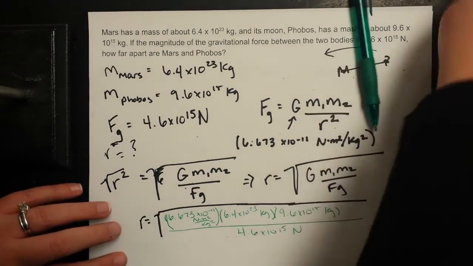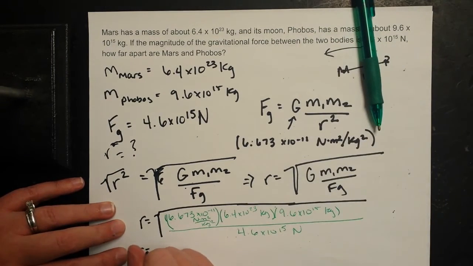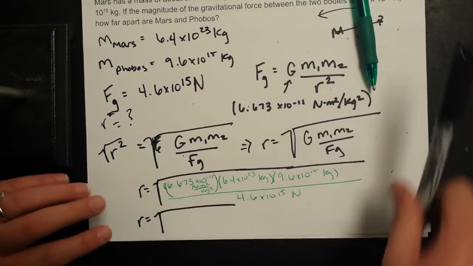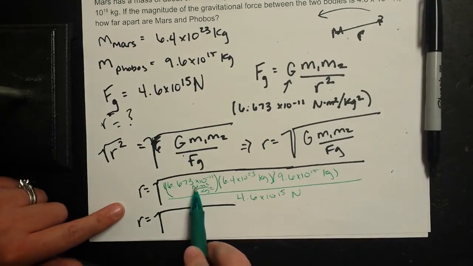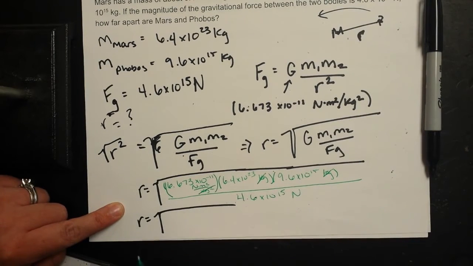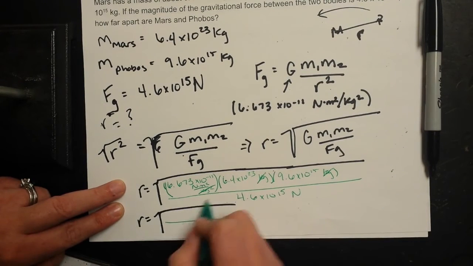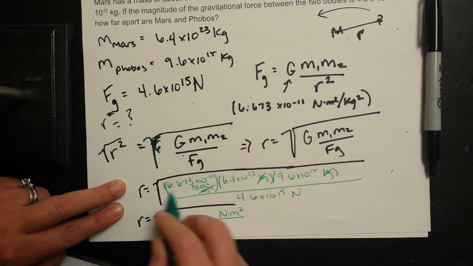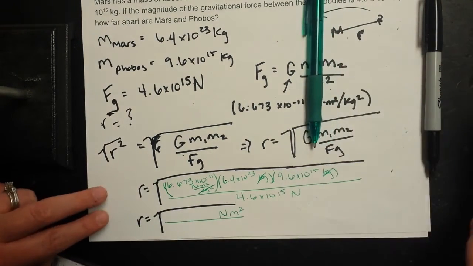We get, for our numerator, R is equal to, let's squeeze this up. I know my units, I'm going to have Newton meter squared divided by kilogram squared, but times kilogram, so both of those will cancel out my kilogram squared. So for my numerator, I'm just going to have Newton meter squared. Let's see what the magnitude of that value would be.